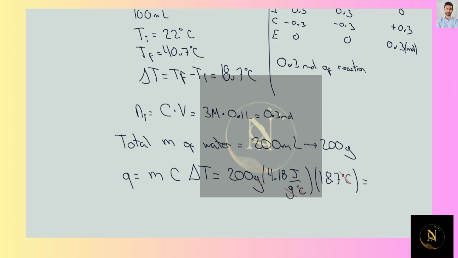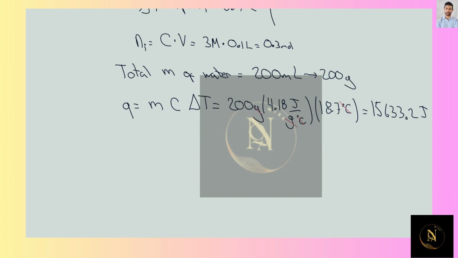So the result from this is equal to 15,633.2 joules. Or we can express it in terms of kilojoules, which is 15.63 kilojoules. Now, this comes from 0.3 moles of reaction.